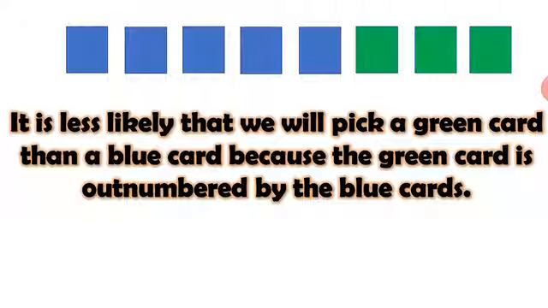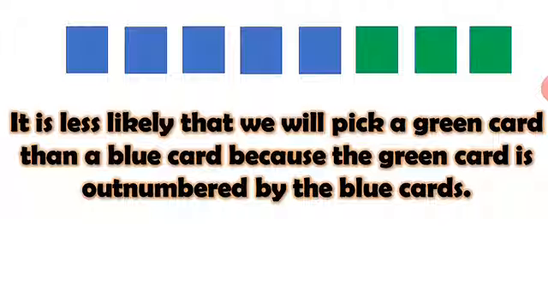So let's start with this problem. We have 8 cards: 5 blue cards, 1, 2, 3, 4, 5, and 3 green cards, 1, 2, 3. So a total of 8 colored cards.